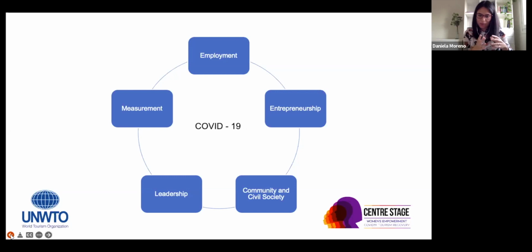So this is a very positive side. Tourism is creating employment for women.